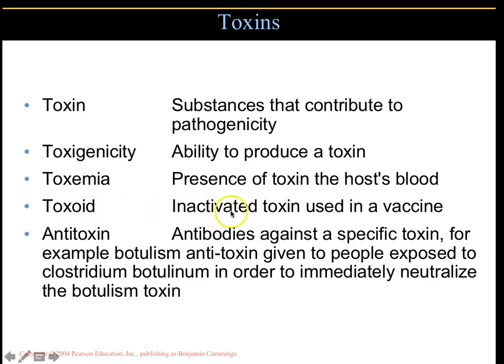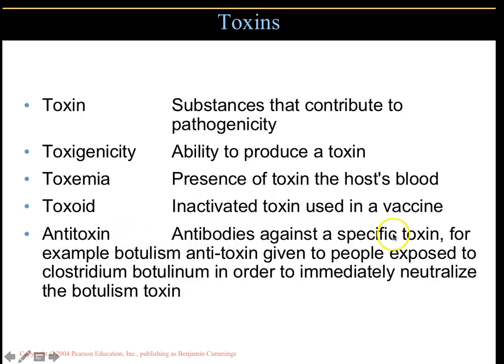So very often it's included in a vaccination, and I'm going to give you an example down here. So it's an inactivated toxin. Vaccines are a way of trying to fool the immune system into making an immune response without the person getting sick.